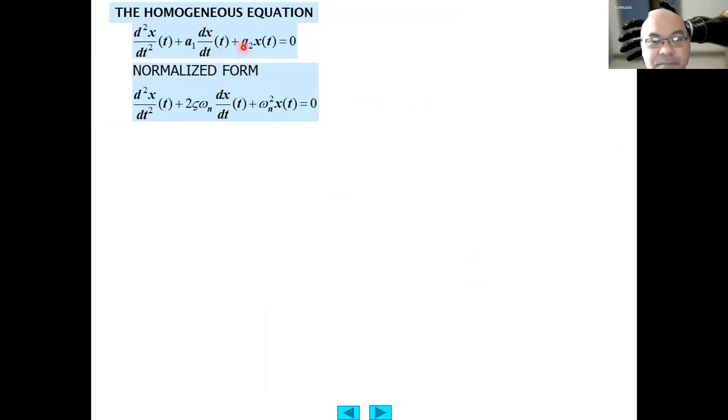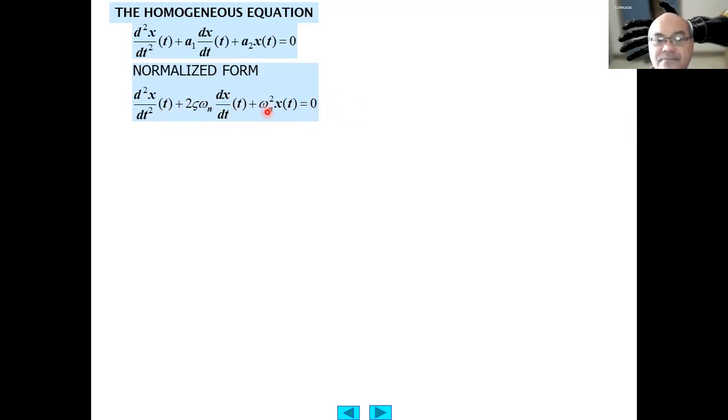So in normalized form, this homogeneous equation can be re-expressed as d²x/dt² + 2ζωn dx/dt + ωn² x(t) = 0.